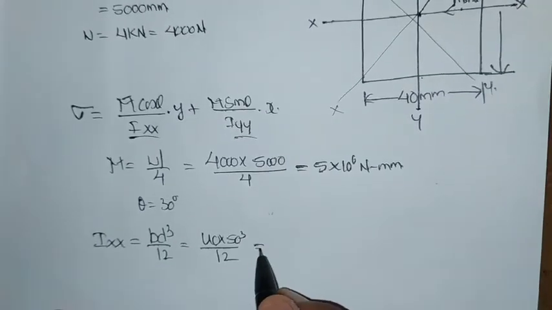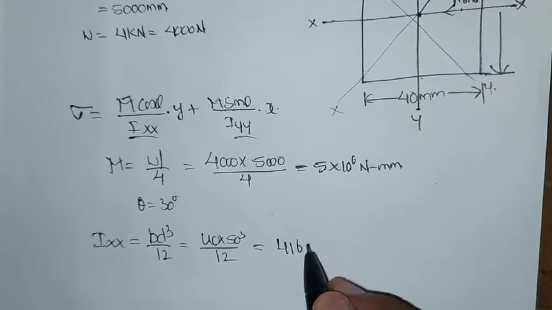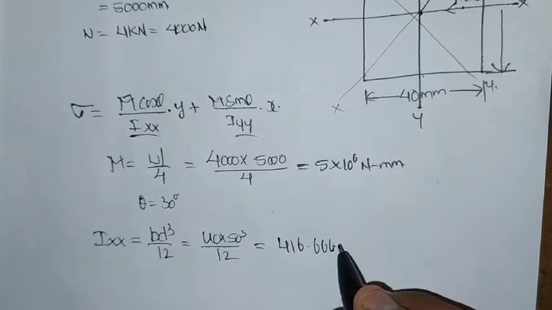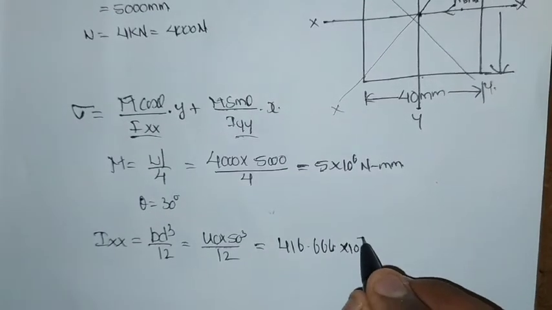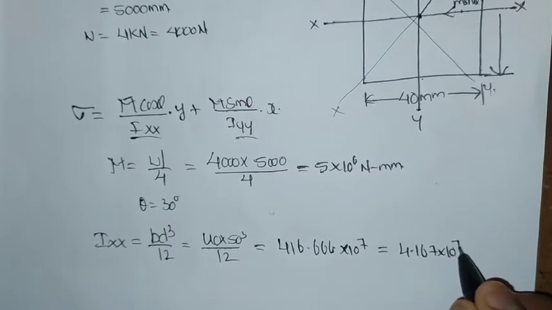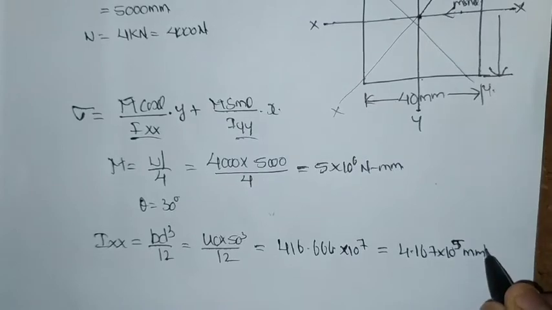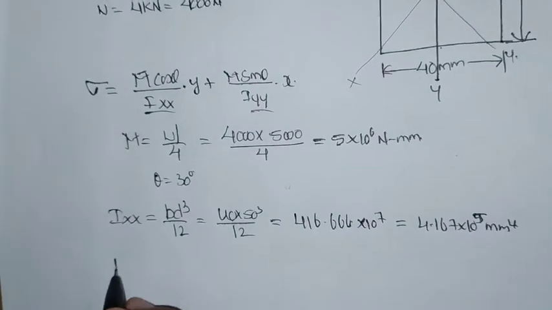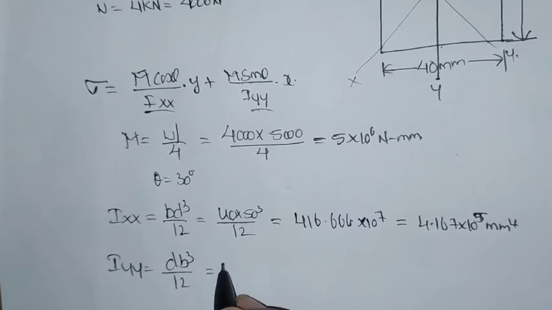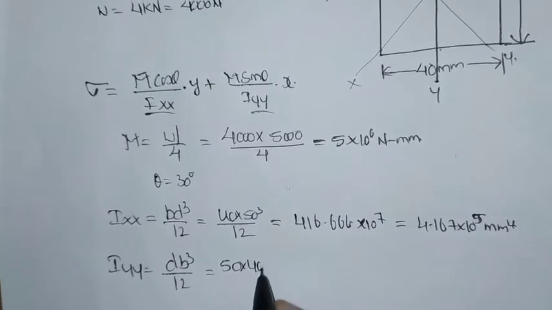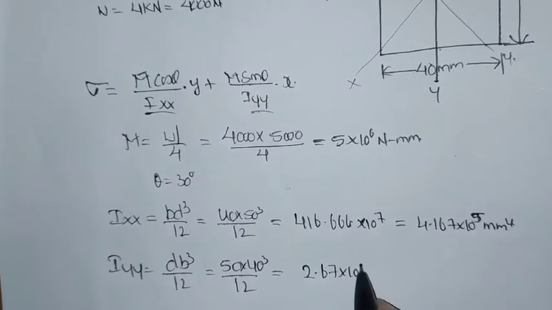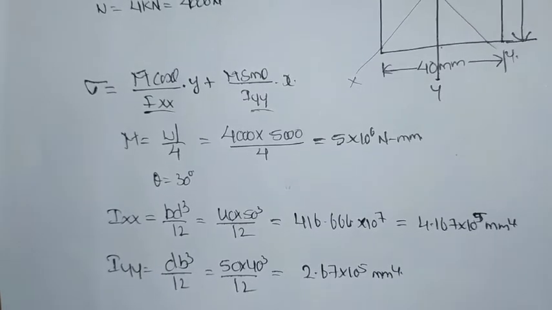The value will be 416.66 into 10 to the power of 3, which can be written as 4.167 into 10 to the power of 5 mm to the power 4. Next, similarly we find Iyy. It will be DB cube by 12, that is equal to 50 into 40 cube by 12. So the value will come as 2.67 into 10 to the power of 5 mm to the power 4.